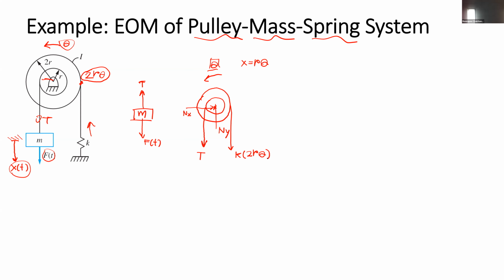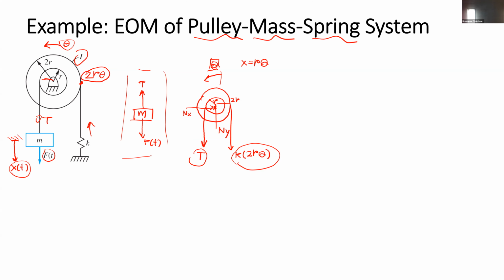So now we have the tension force and the spring force at r and at 2r. And the moment of inertia of the pulley is I, and the coordinate of this is theta. So consider the mass first.